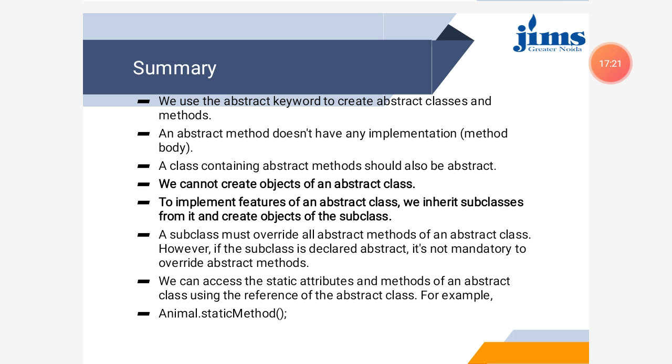An abstract class may or may not contain any abstract method. But if any class has been declared abstract, then object creation of that class is not possible. So with this, we are concluding and we will discuss interfaces in the next class.